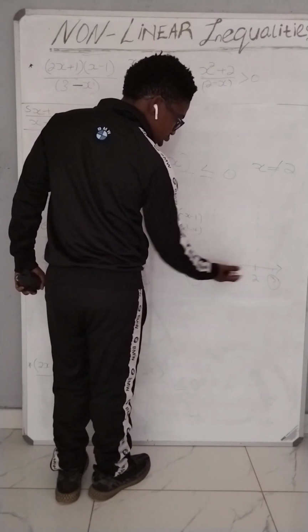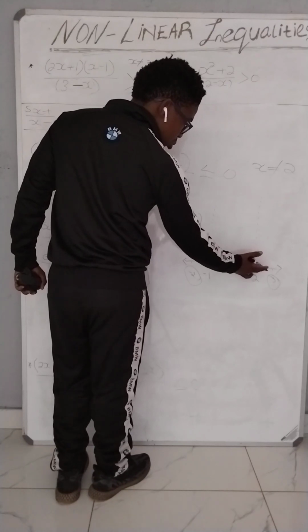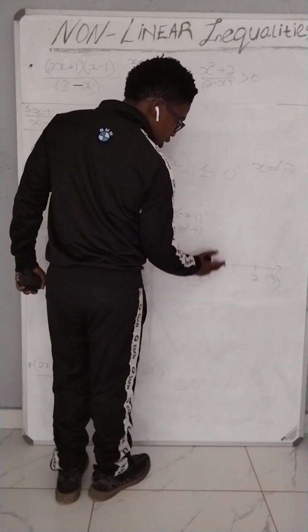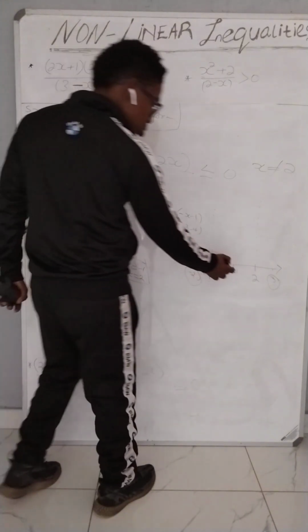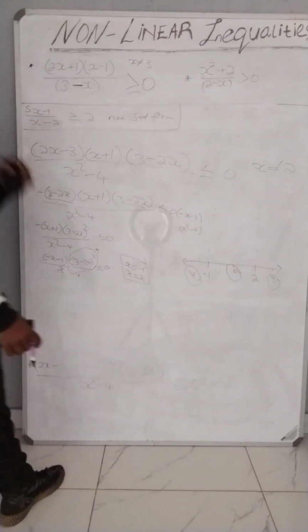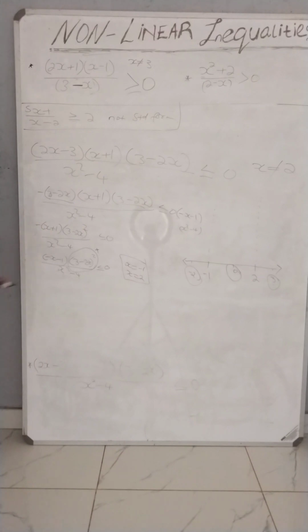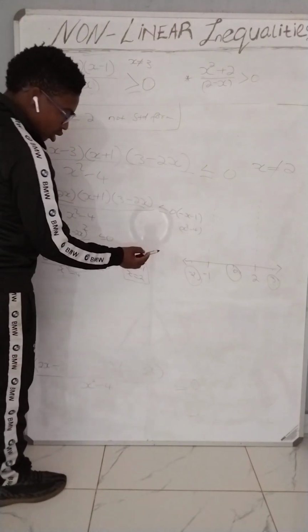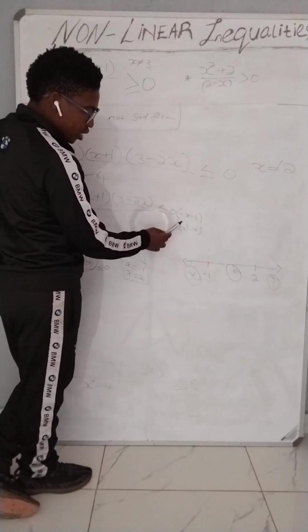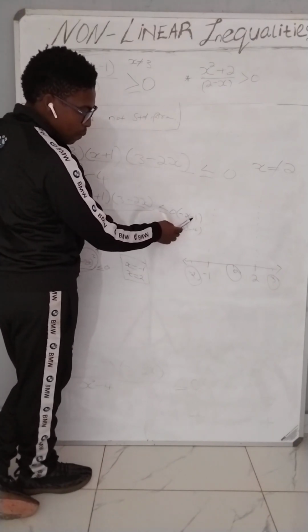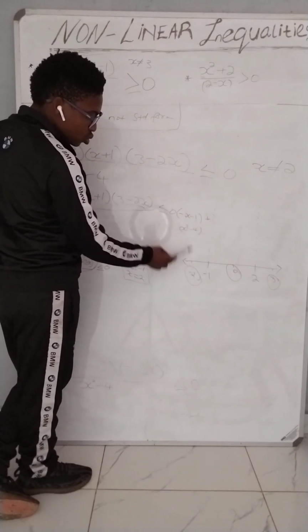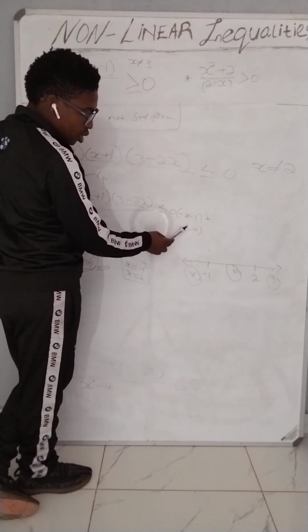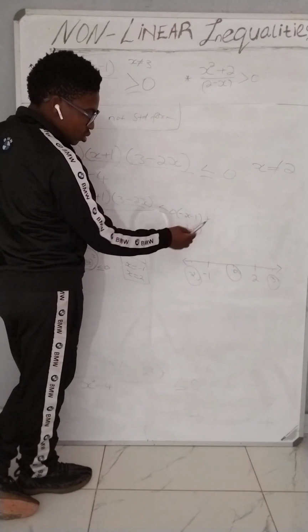Those are our imaginary values that we're going to be using. If you put minus 2 for x, you'll be having positive 2 minus 1, so you'll be having positive here. If you put minus 2 for x here, you'll be having 4 minus 4, which is 0.